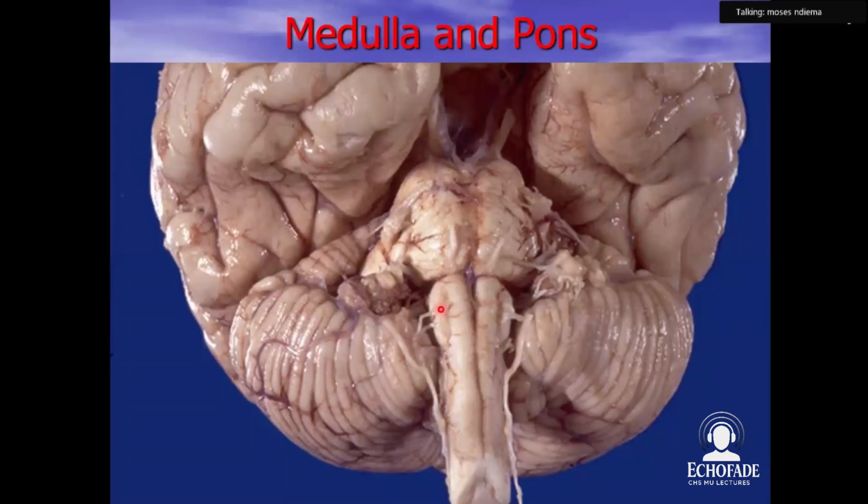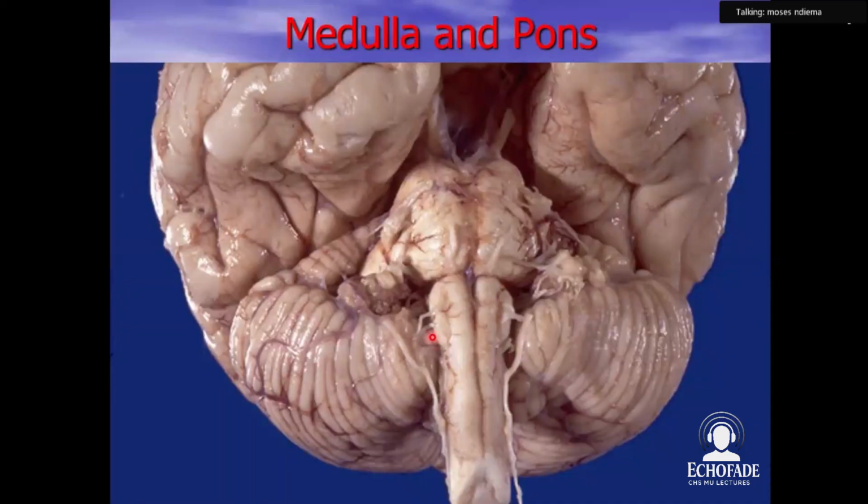This is what we call the olive, and the olive consists of large aggregates of cell bodies forming the olivary nucleus, the inferior olivary nucleus.